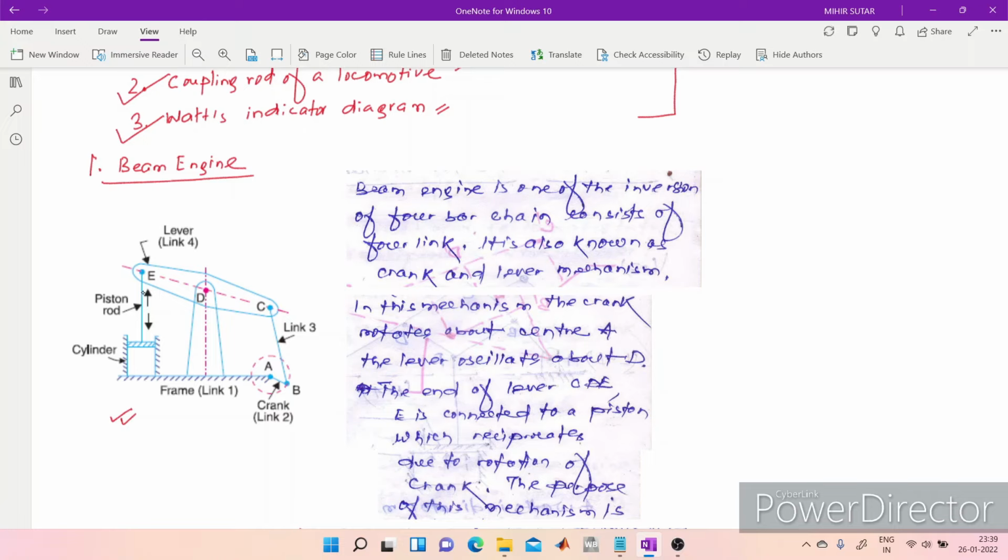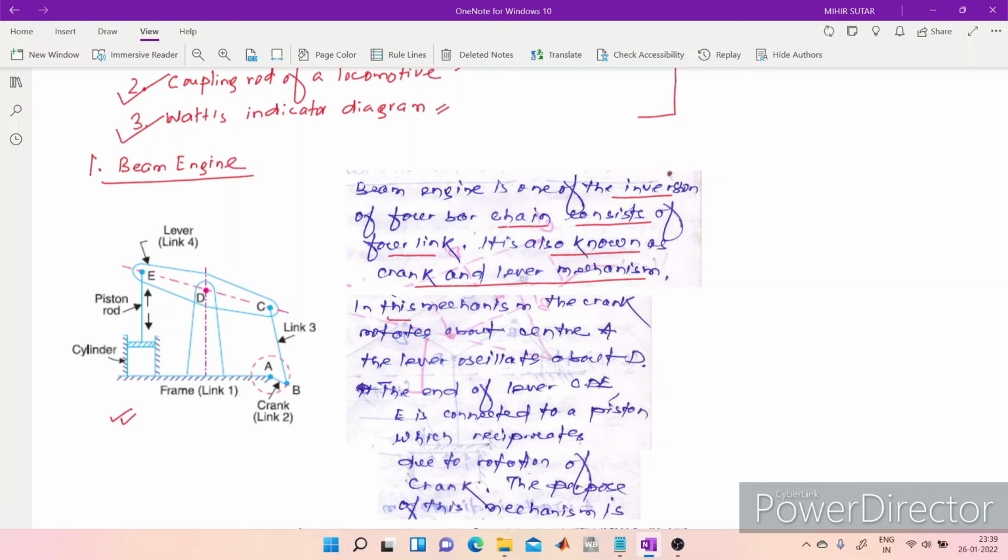To the end of the lever, one piston rod is connected with the piston. So the beam engine is one of the inversions of a 4-bar chain, and it consists of 4 links. It is also known as the crank and lever mechanism.